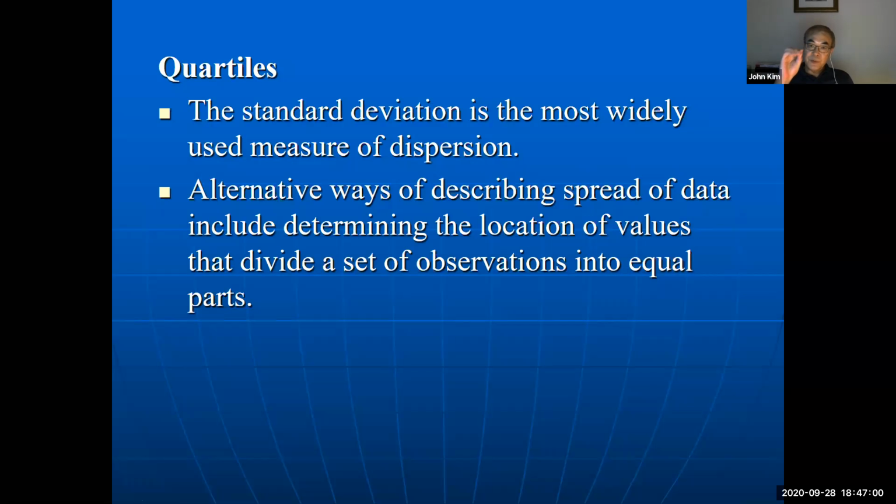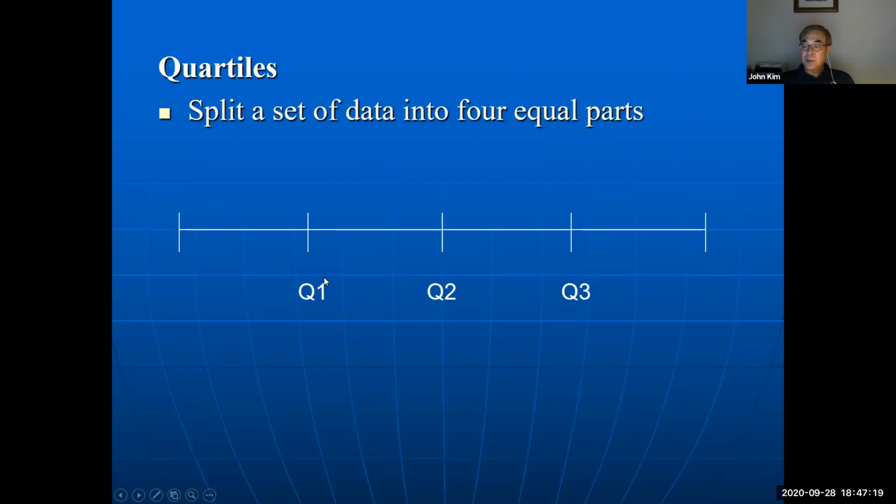Using numbers, we can show how dispersed the data is, but using quartiles, we can show it graphically. Quartiles divide the data set into four sections equally: first quartile, second quartile, and third quartile.